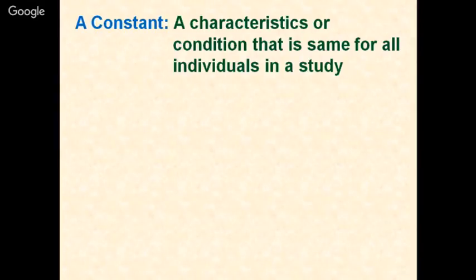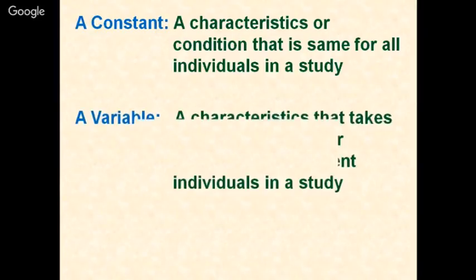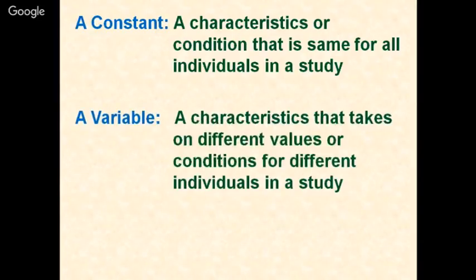So a constant is something which will remain constant in all the groups, whereas a variable is a characteristic that takes on different values or conditions for different individuals in a study. For example, the condition is different in the experimental group, because that group I am exposing to modularized instruction, and the control group is being taught through the conventional method.